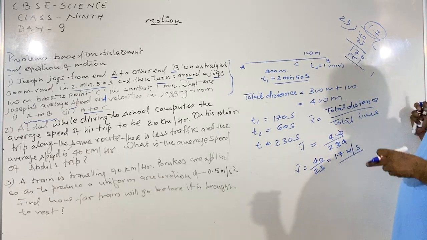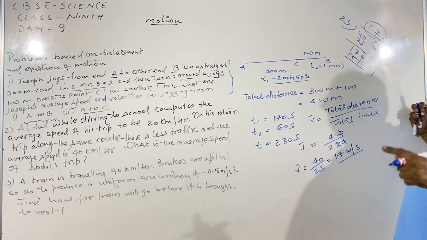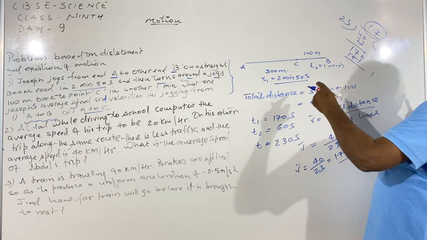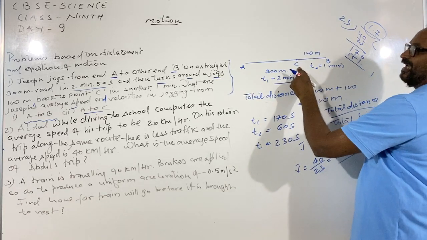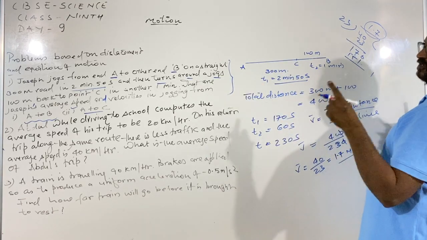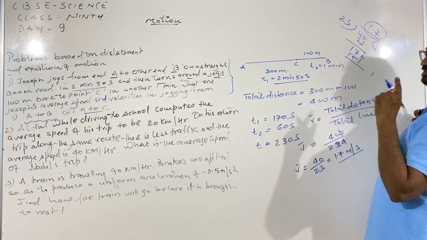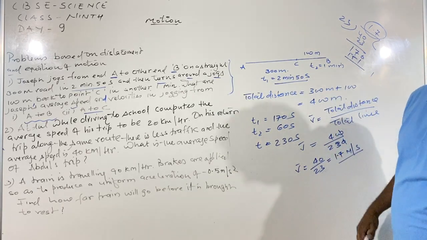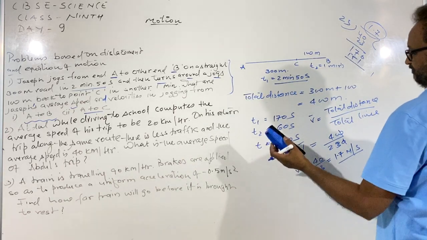But for average velocity, now the displacement of the body is AC, because final position of the body is C, initial position is A. Now average velocity is equal to total displacement over total time. So let us calculate average velocity of Joseph.